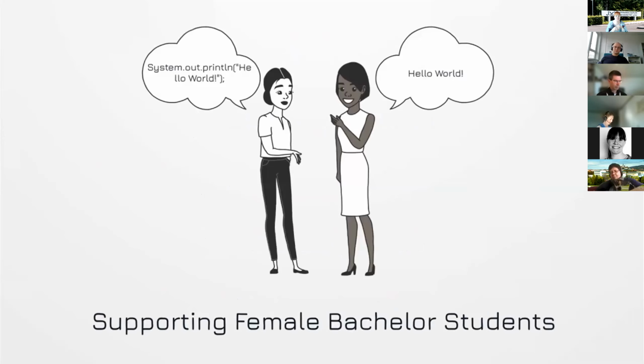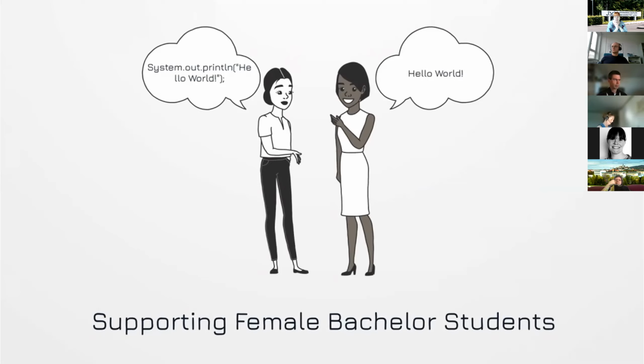Another thing we did was supporting female bachelor students. We created a peer learning group in winter term 2018 that met weekly in our conference room, discussing upcoming programming tasks. This was not solely for female students, of course; male students were also welcome.